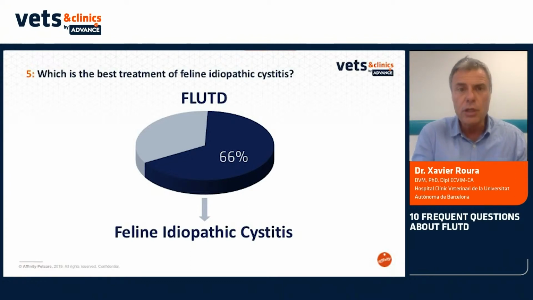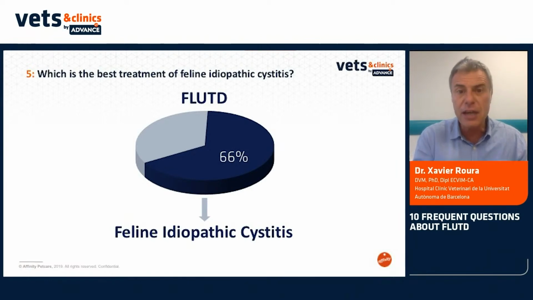First, exclude the other potential causes of these clinical signs. So we need to exclude urolithiasis, urinary tract infections, neoplasia, and other kinds of behavior problems. We need to exclude the other potential causes in order to make a diagnosis of feline idiopathic cystitis, because feline idiopathic cystitis has no specific diagnosis. The diagnosis is by exclusion of the other potential diseases.